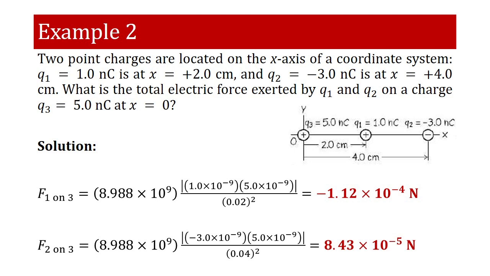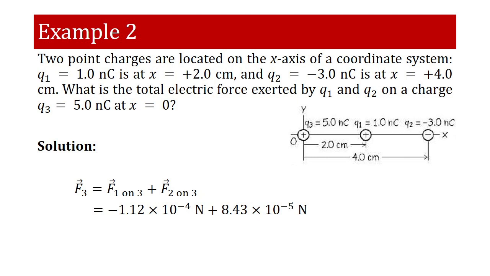So here, you see that Q2 is negative and Q3 is positive. And we know that unlike signs attract each other. So Q2 will go to the left, while Q3 will go to the right. Q3 is our concern, and it goes to the right, so this force is positive, positive 8.43 times 10 to the minus 5.